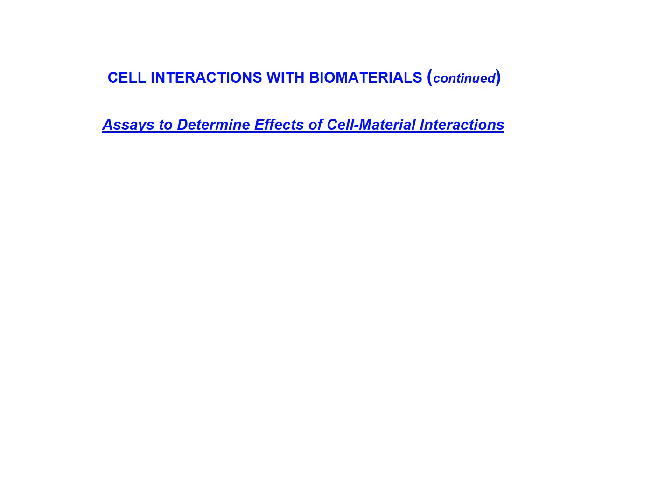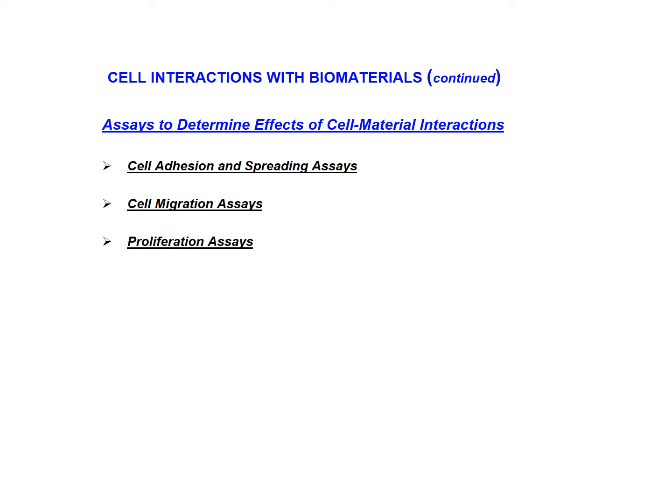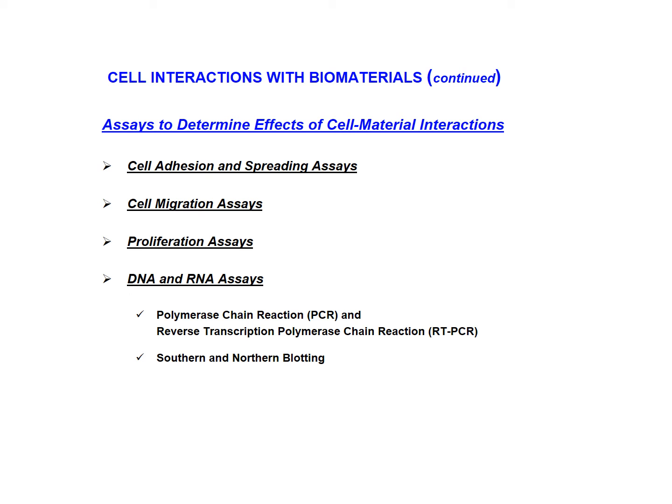For example, cell adhesion and spreading assays, cell migration, proliferation assays, and then determining down to the molecular level what is happening in terms of the processes of whether the cells are going to function in terms of proliferation or in terms of the formation and deposition of certain extracellular matrix proteins.